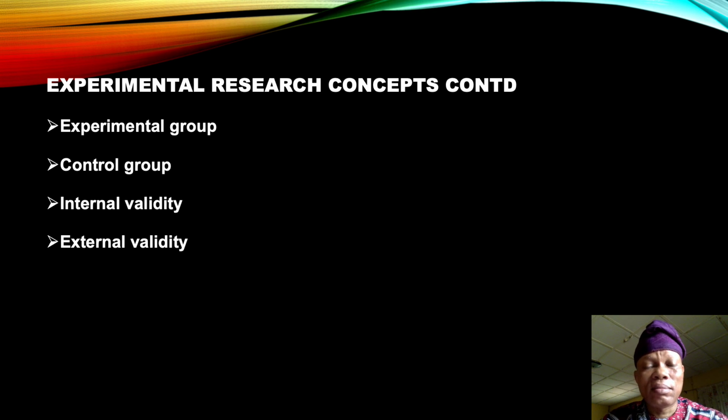Genuine effect, that is whether negative or positive. Then we have the external validity. This is the extent to which the variable relationships can be generalized to other settings, other treatment variables, other measurement variables, and other populations.